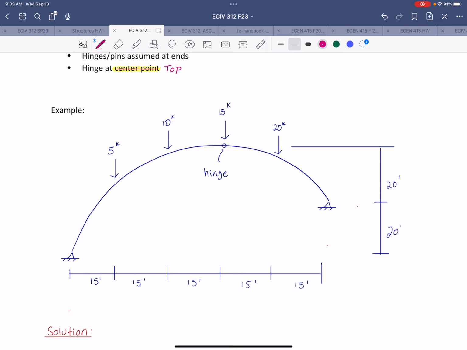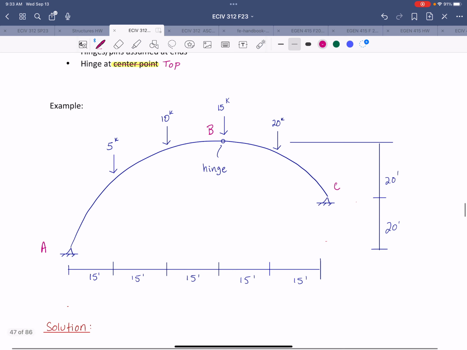So to analyze this, I'm going to first label the points of interest. We have A, we'll call the hinge B, and then the right support C. We've got our reactions, AY and AX, CY and CX.